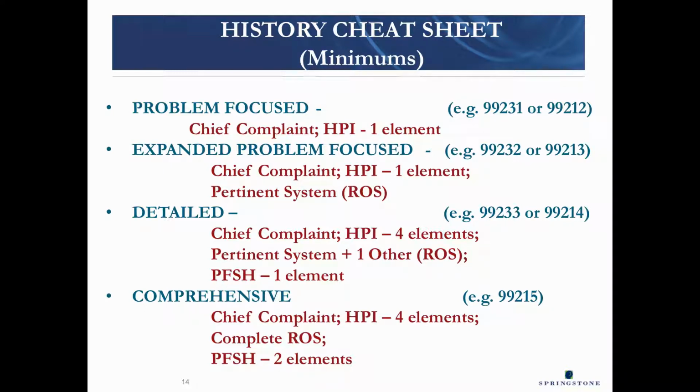One element from the HPI is all you need at that level, and the pertinent system. So when we talk about the pertinent system, the way you would document that is, let's say, for example, that you have a patient who you're treating primarily for depression symptoms.